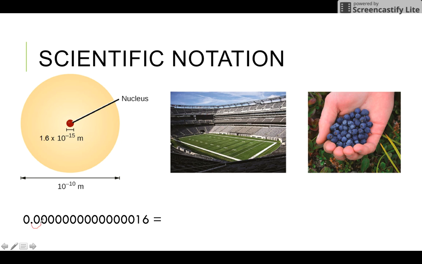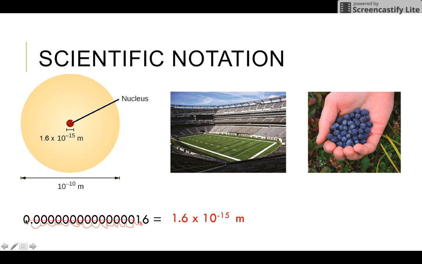So I'm going to move it 1, 2, 3, 4, 5, 6, 7, 8, 9, 10, 11, 12, 13, 14, 15 spaces. And once I've reached 15 spaces, I have 1.6. The zeros are at the beginning, so I'm going to get rid of all of these zeros.